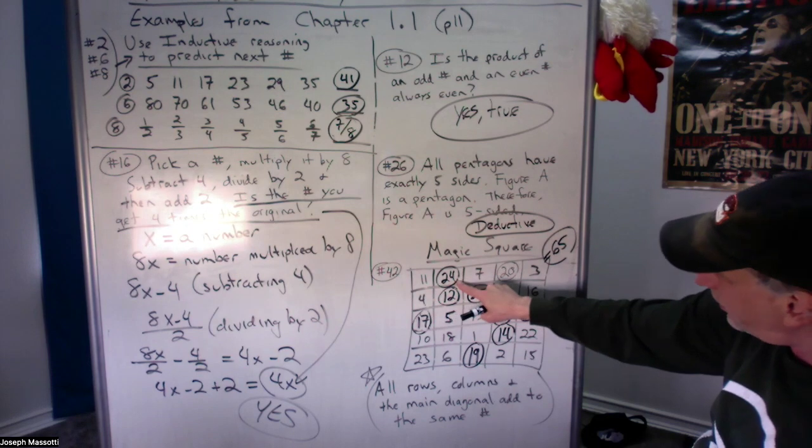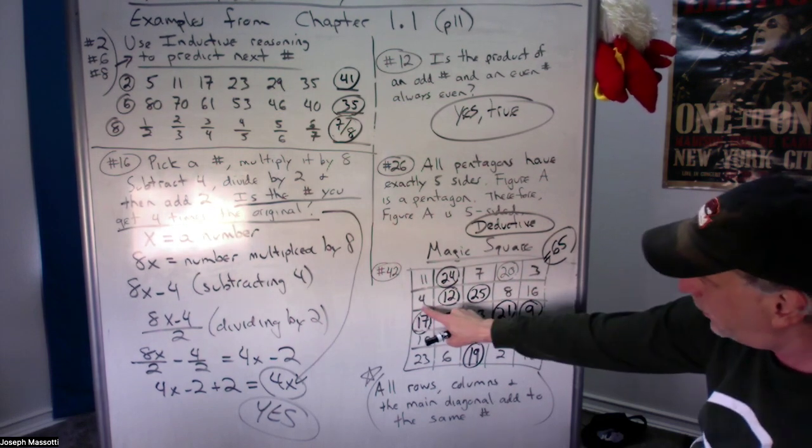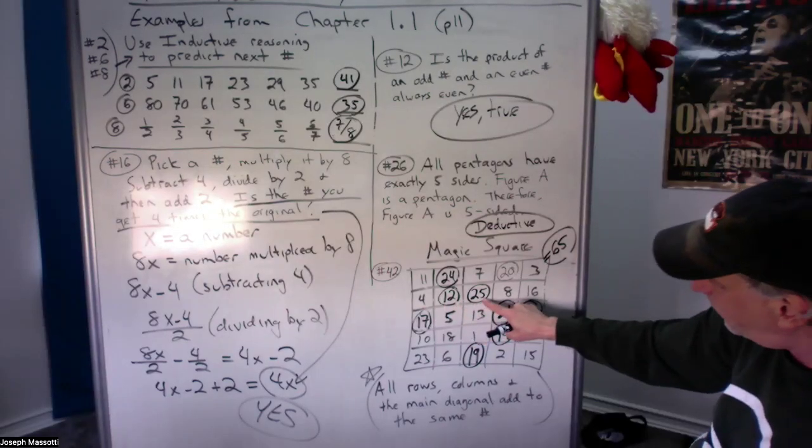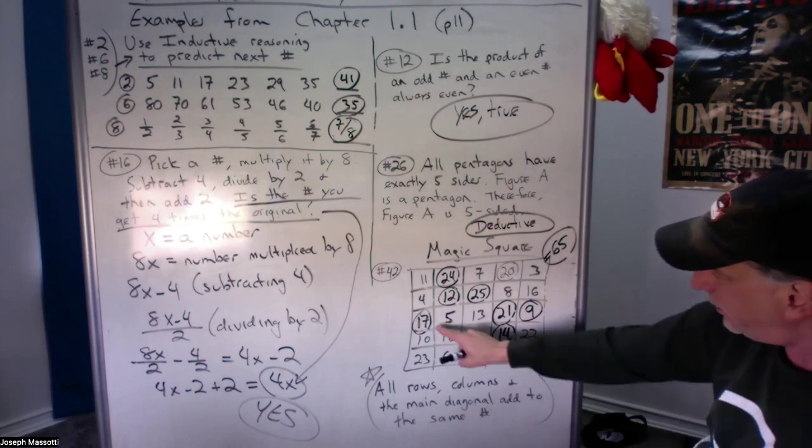Rows: 35, 42, 62, 65. 4, 16, 41, 49, and 16 equals 65.